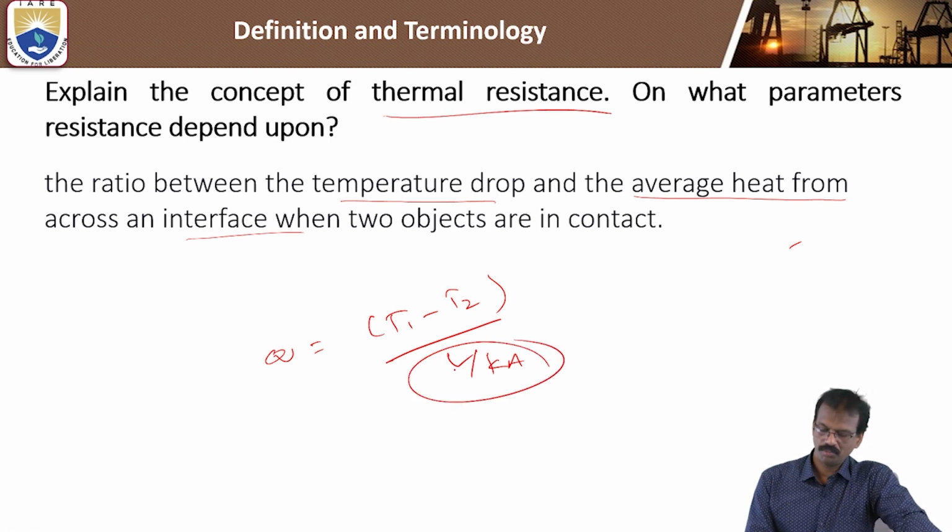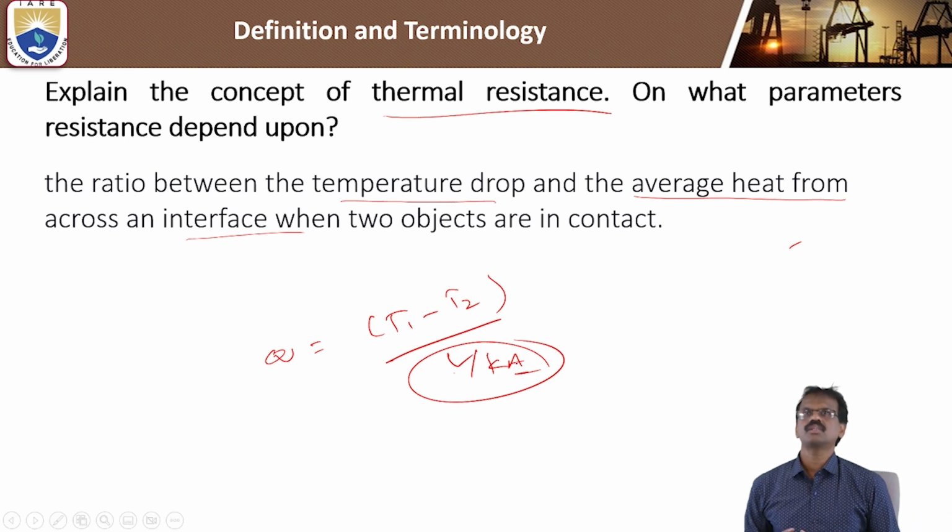Thermal resistance depends upon the length or thickness of the body, the thermal conductivity of the body, and the area of the body. So this is the concept of thermal resistance.